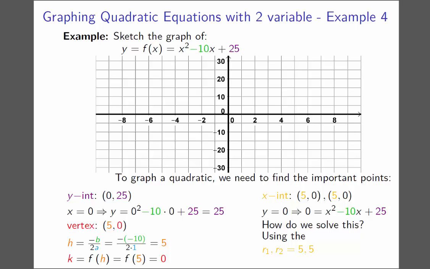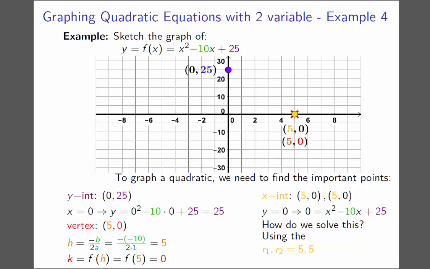Now that we have our scale, let's start plotting our points, starting with that y-intercept of (0, 25). And once we have that plotted, we can plot our x-intercept at (5, 0), which is also our vertex. It's important to note that this is the vertex though, because it tells us our graph turns around at this point.